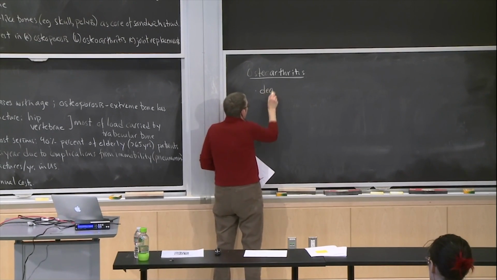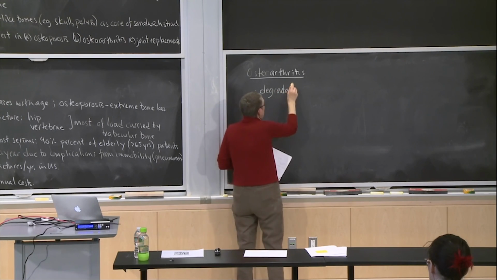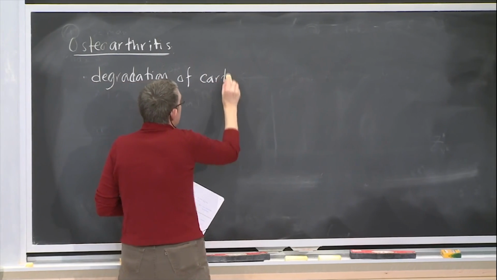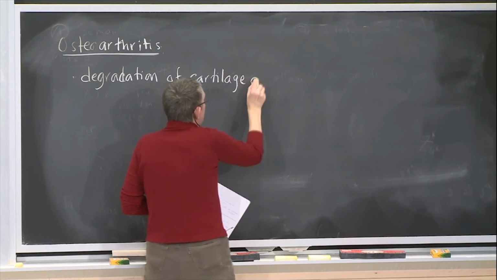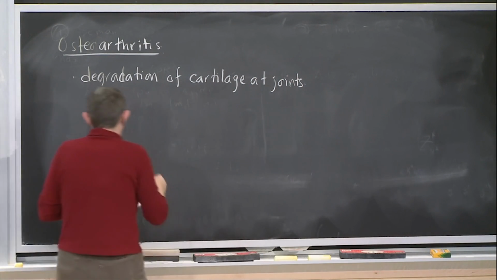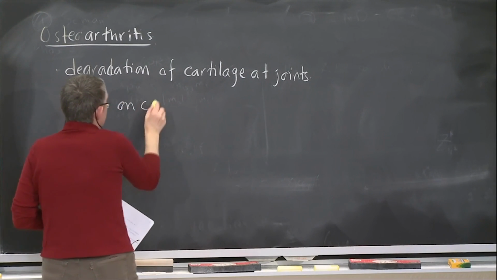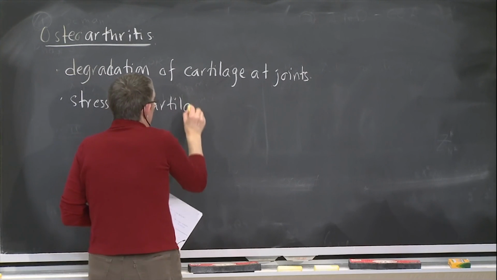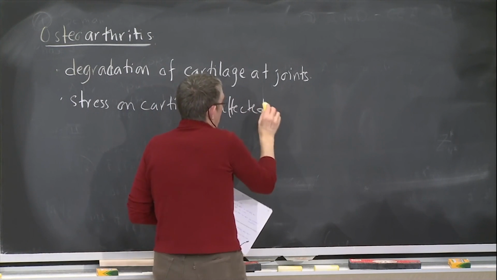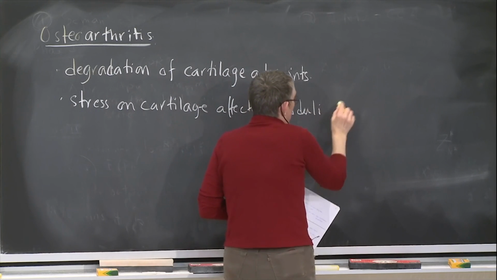So osteoarthritis involves a degradation of the cartilage of the joints. The stress on the cartilage is affected by the moduli of the underlying bone.